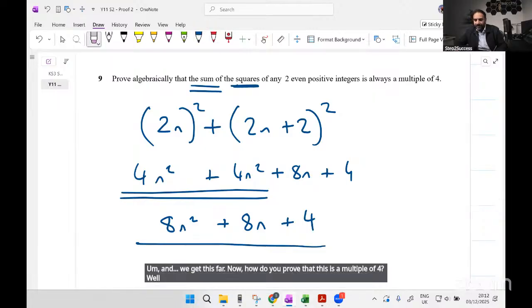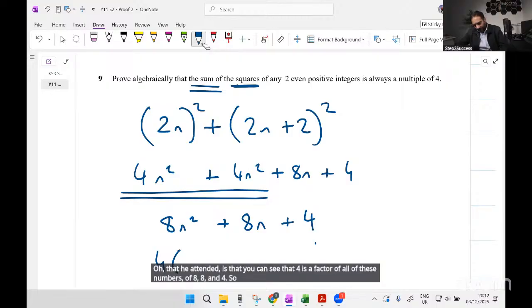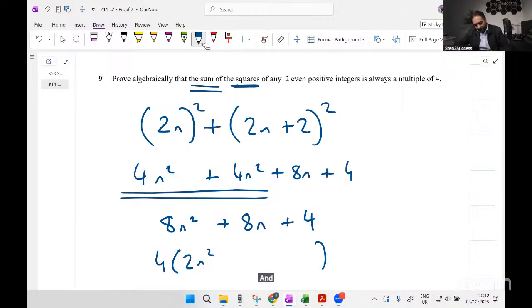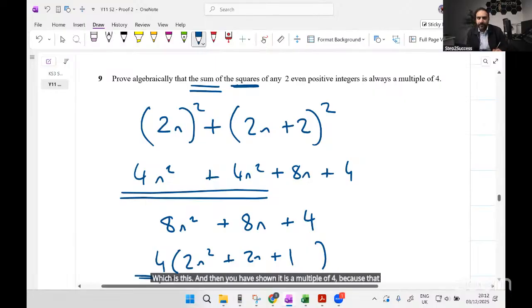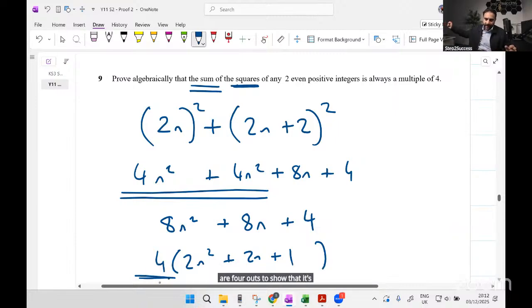Well, you just need to notice that, a bit like the factorizing that we just did, you can see that 4 is a factor of all of these numbers, of 8, 8, and 4. So take 4 out and just figure out what goes in the brackets, which is this. And then you have shown it is a multiple of 4, because we're just looking for a 4 out to show that it's 4 times something, and that makes it a multiple of 4.